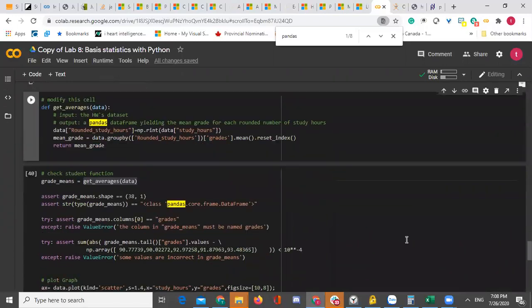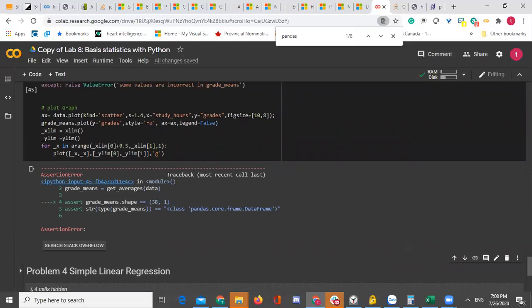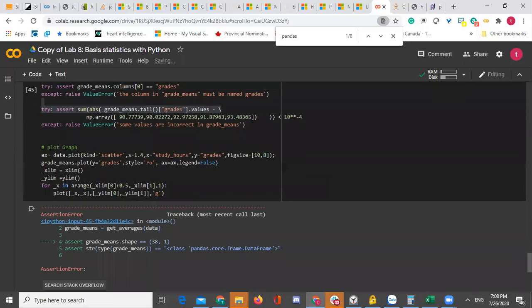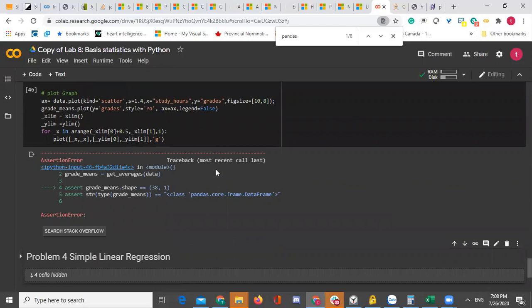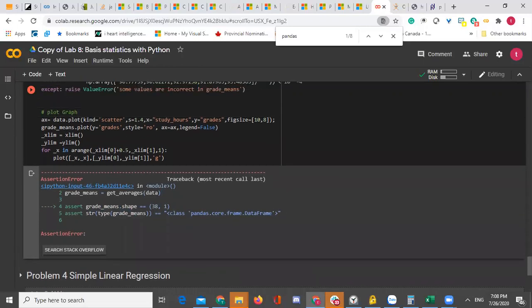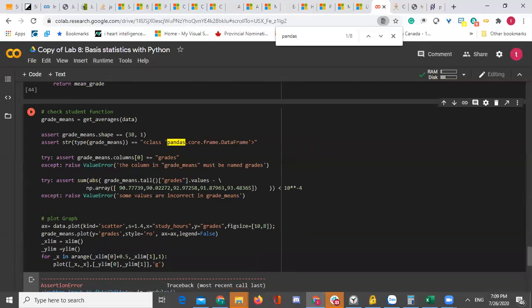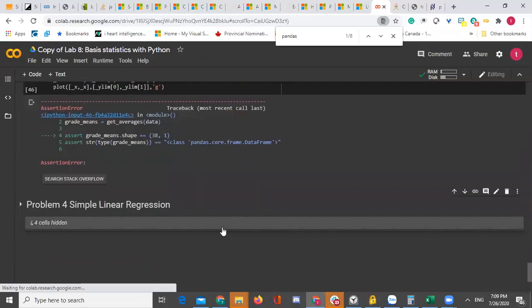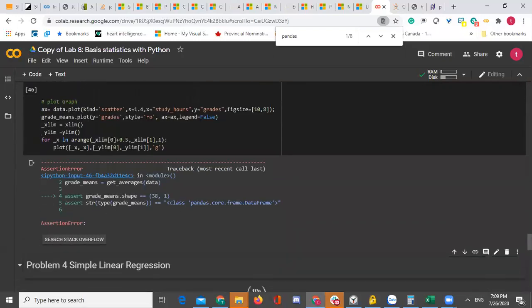Okay. So let's check. Yeah, okay, let's forget it. This checking function, I'll have to deal with it. Get the result first.